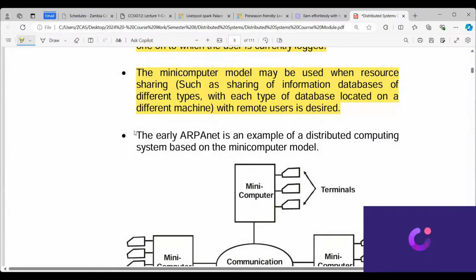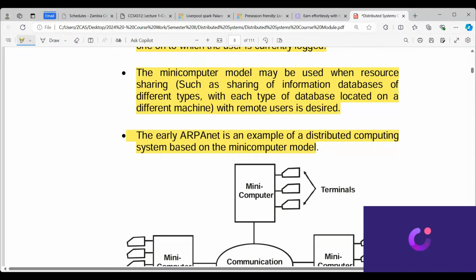The early ARPANET, we know this was the first network that was created by the American Defense Force in order for them to be able to start sharing information in terms of the network and so on. Okay, so this was part of the mini computer model.